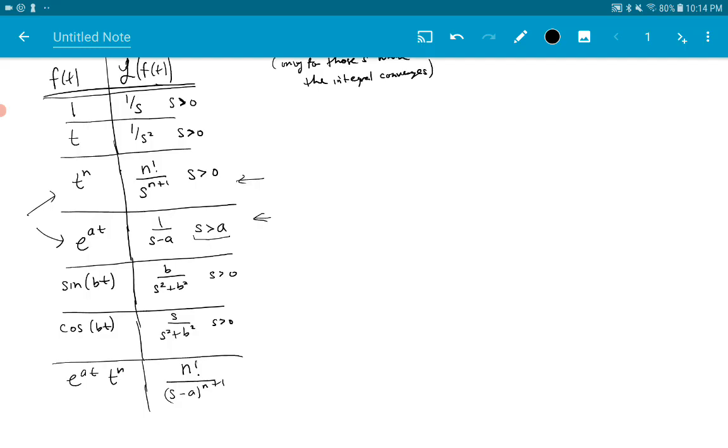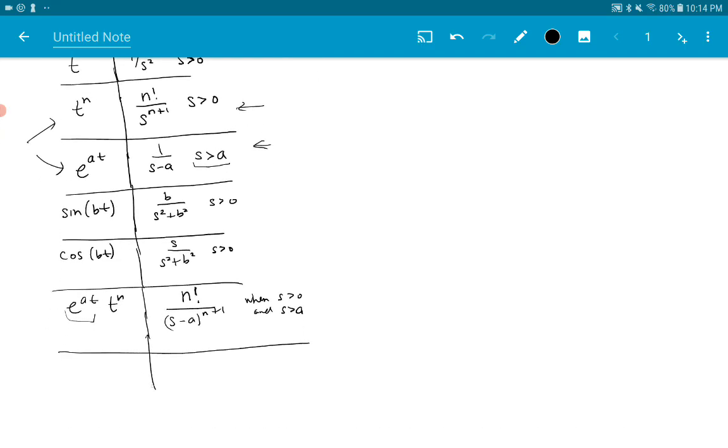It's n factorial over, instead of just s to the n plus 1, it's s minus a to the n plus 1. So when you throw in an extra e to the at, it sort of causes a horizontal shift in your Laplace transform. And this is true when s is greater than 0 and s is greater than a. So whichever one of those two is more restrictive.